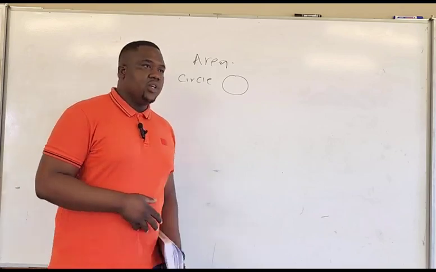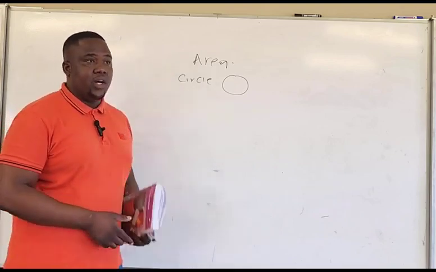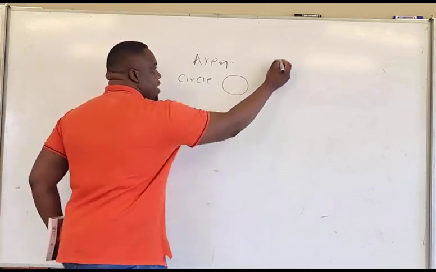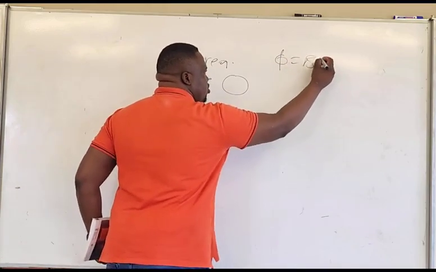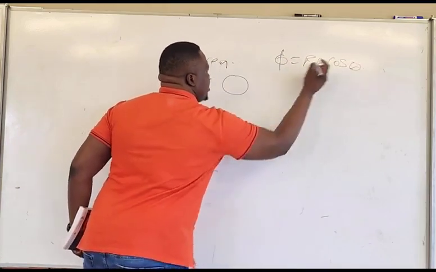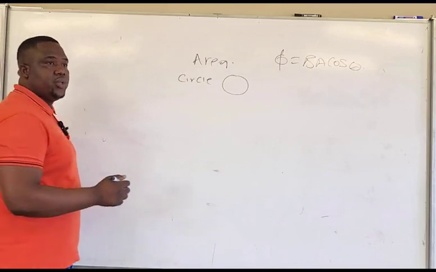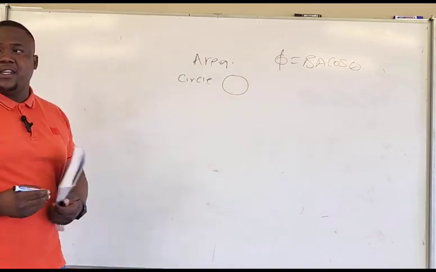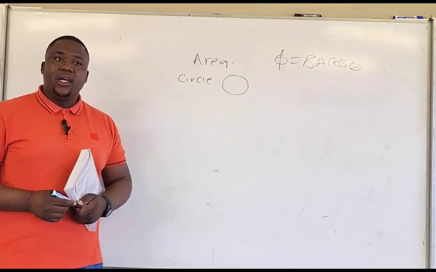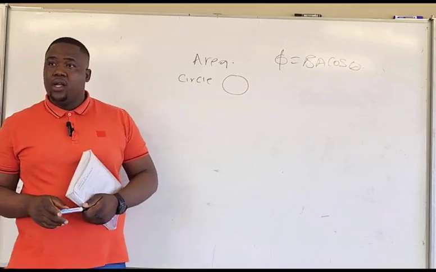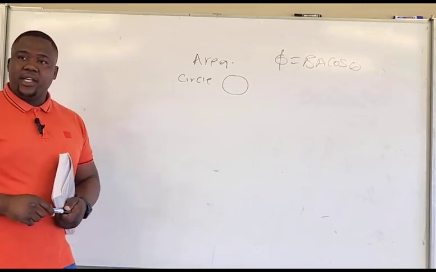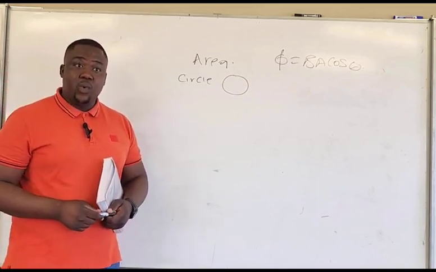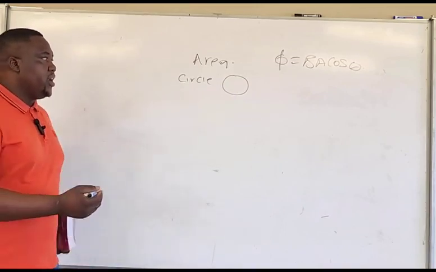We need to know the area, because the formula for magnetic flux is BA cos theta, and that area is going to be affected by the type of coil that we have.